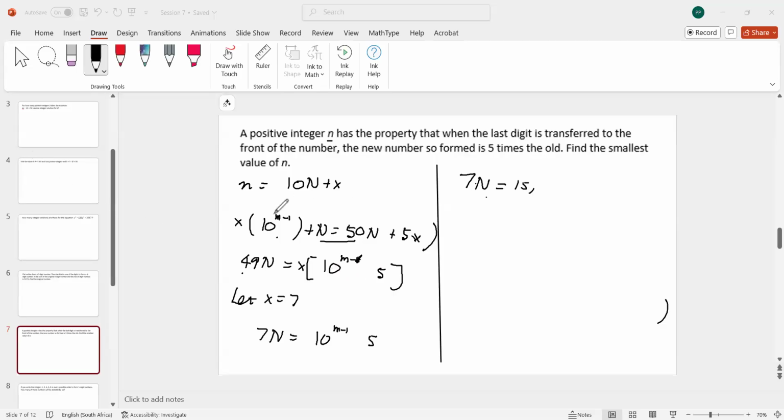The x was carried over to the other side, so it's minus 5 here. So if m is equal to 1, the 10 minus 5, 100 minus 5, 1,000 minus 5, so you can try various things.